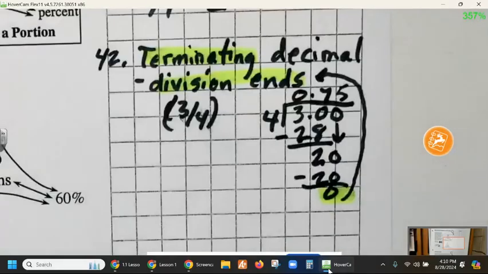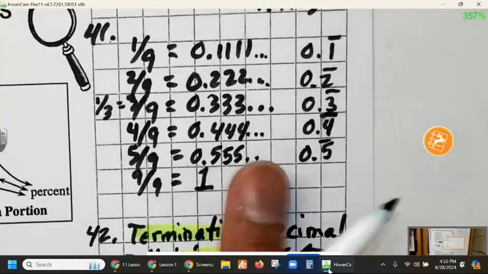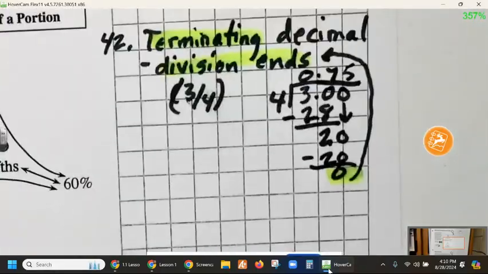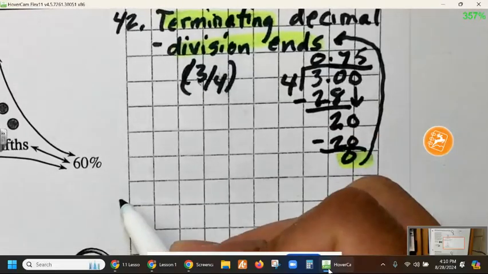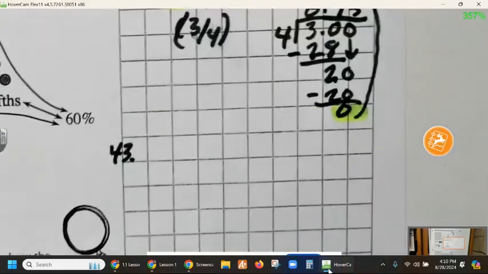Okay, so all these are tied together. Let's see if this makes sense. We know what a repeating decimal looks like, and now we know what a terminating decimal is. So this is problem 43 from the book.